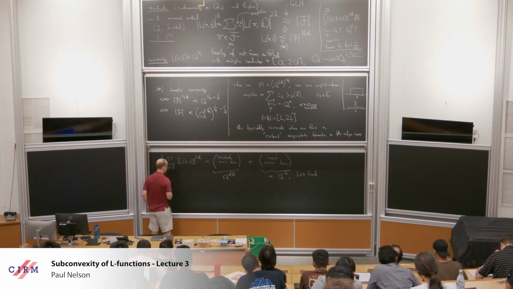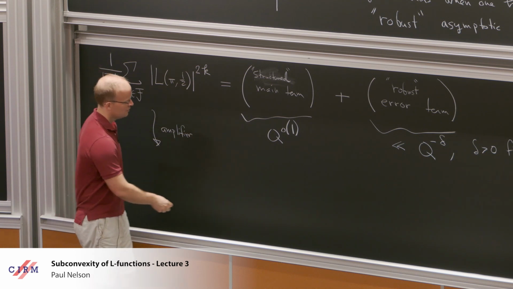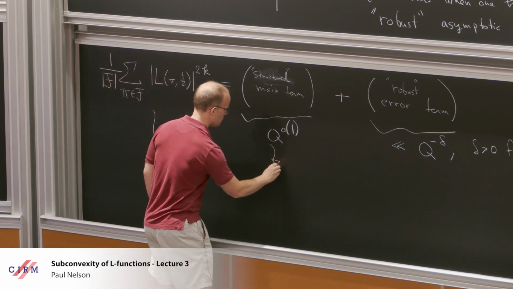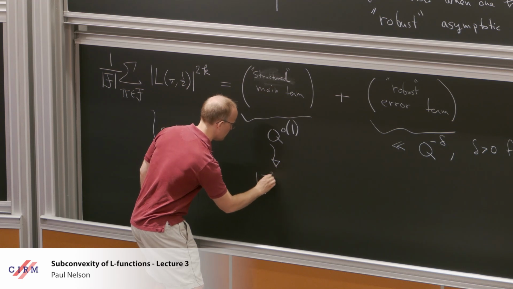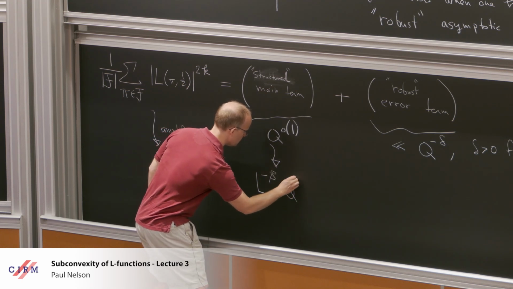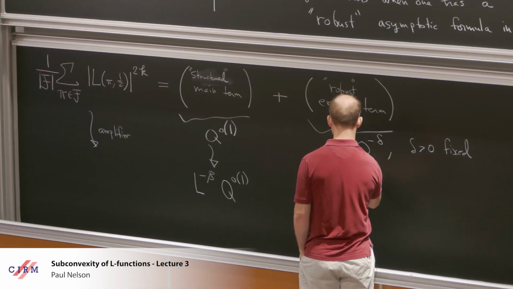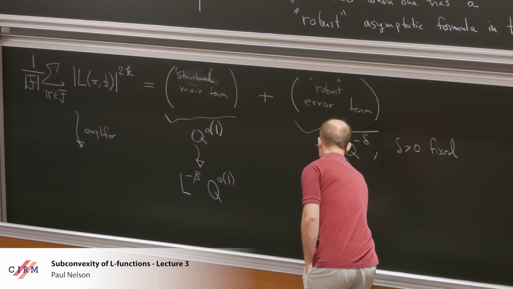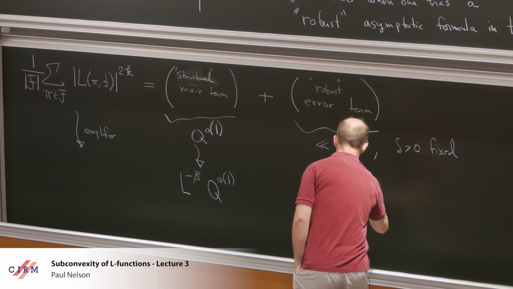So what happens in such cases typically is you can insert an amplifier, and that has the effect of replacing this main term by, let's say, a negative power, maybe L to the negative beta, q to the little o of 1. And then replacing the error term here by maybe L to some capital power A, q to the negative delta.